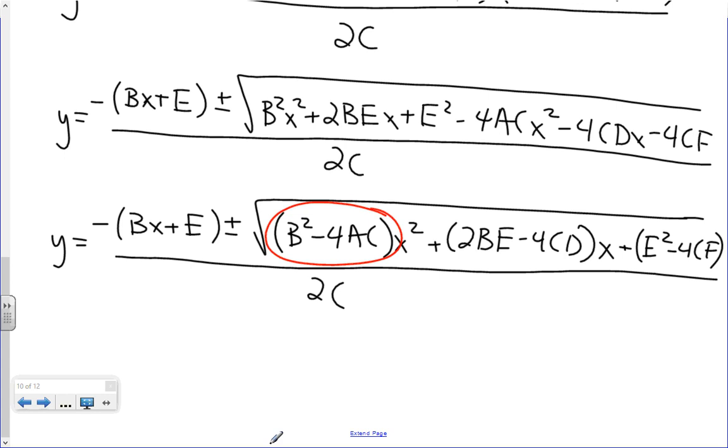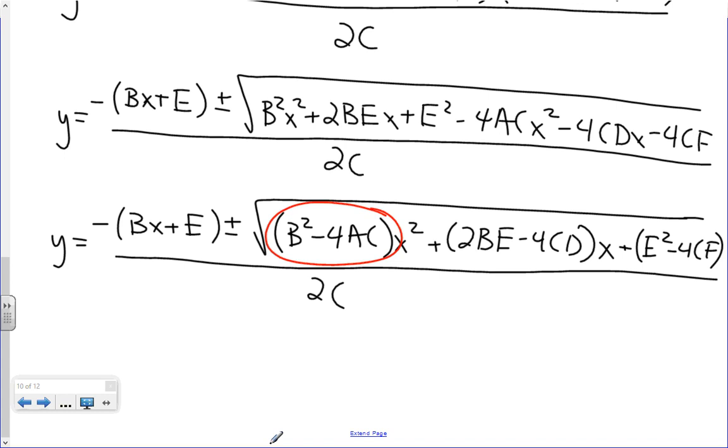Of everything in this equation, that's the only coefficient that involves just a, b, and c. The other ones are going to involve d, e, or f. And that is the part that determines the conic. It's the coefficient of what's underneath this root. It's the discriminant that we have to look at in order to determine what kind of conic it is.